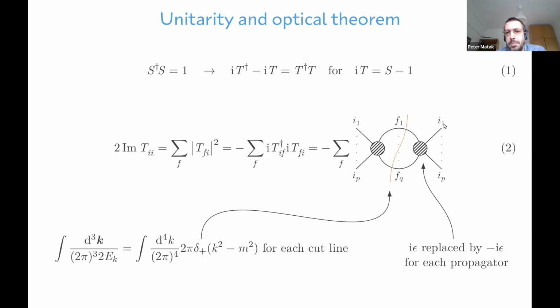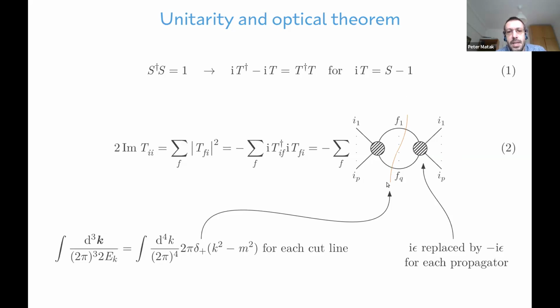In general, we have some initial state with P particles from 1 to P, and we can draw all the possible diagrams of this type from the initial state to itself at some order in perturbation theory, and then we can make all the possible on-shell cuts through those diagrams. What is good to know is that for each cut line, we have to integrate over 3-momentum.